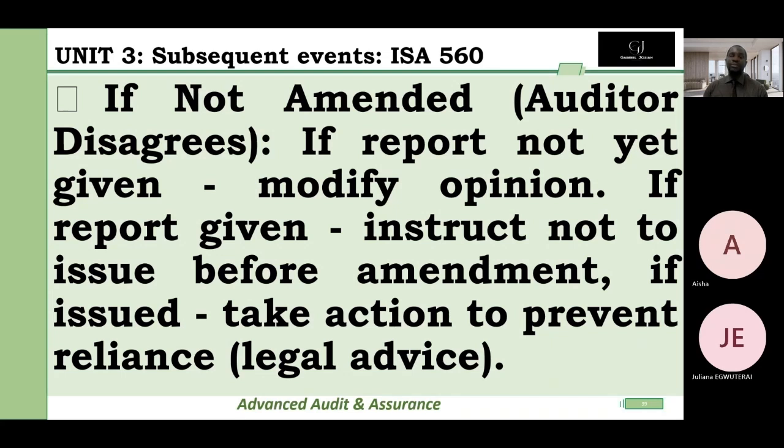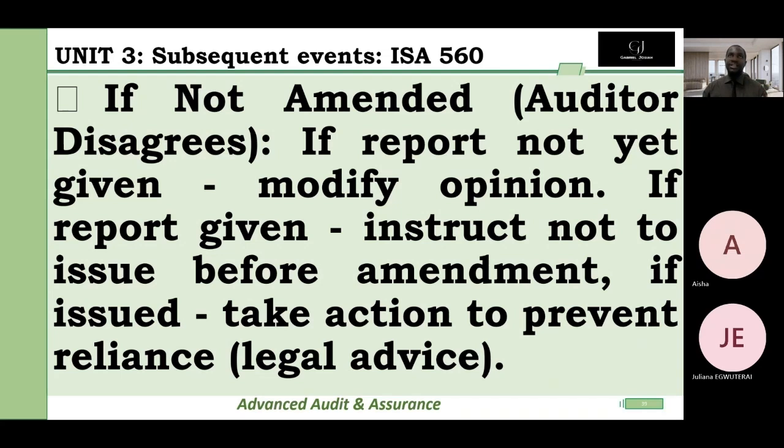So when it comes to reporting, we look at the opinion to issue if there's a disagreement between the auditor and management. And if the report is given, we are recommended not to amend if the issuer has taken action to prevent reliance.